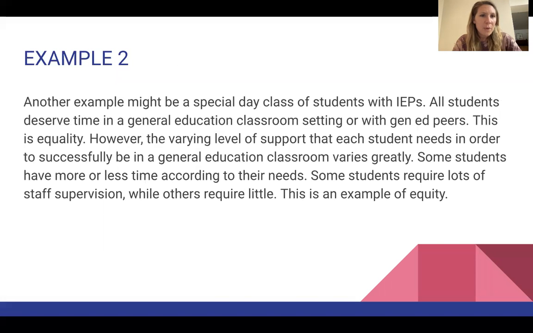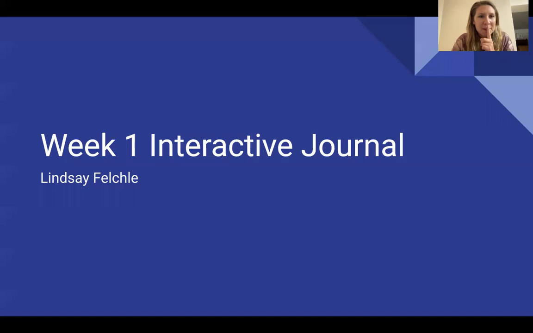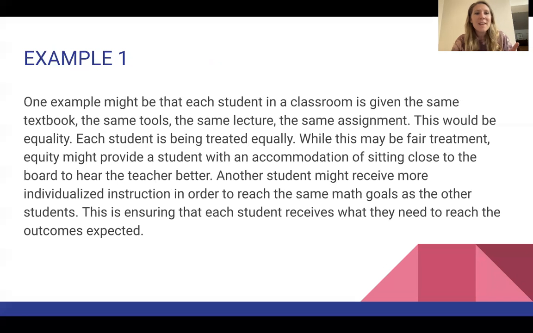All right, example 1. One example might be that each student in a classroom is given all of the same materials: textbook, tools, same lecture, same assignment. That is all students being given the same thing, equality.